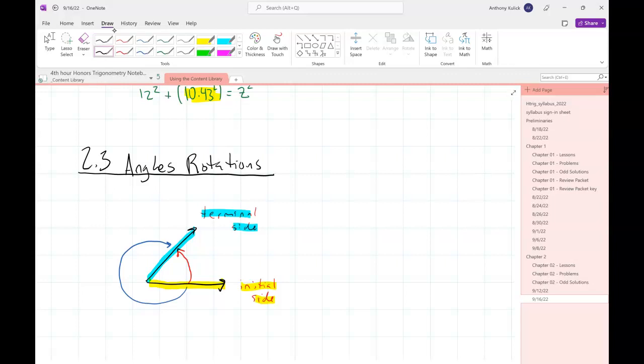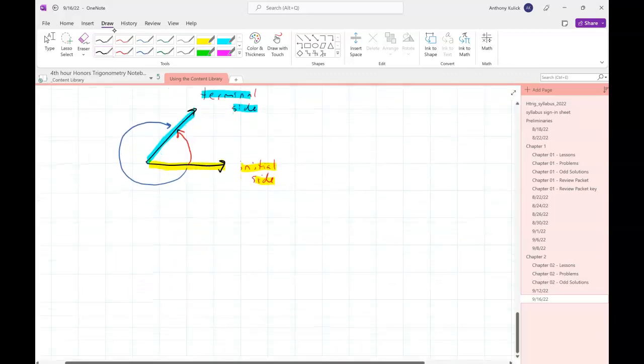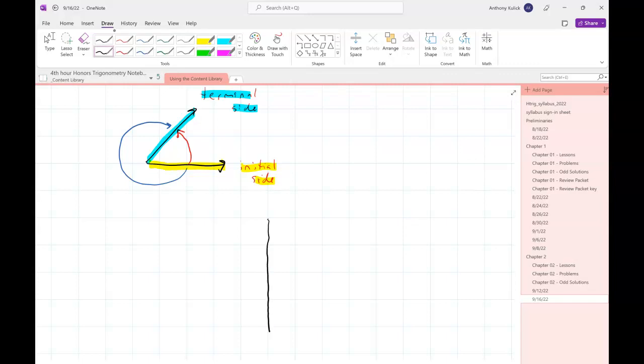Everybody's okay with that? And here's the clever idea. What we can do is take any angle and embed that angle into the XY axis, where we can draw the initial side on the positive x-axis. The vertex of our angle will always be at the origin.